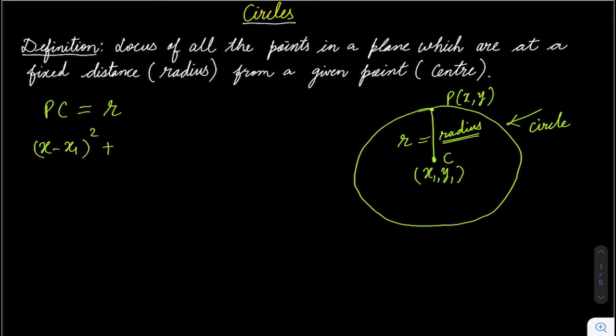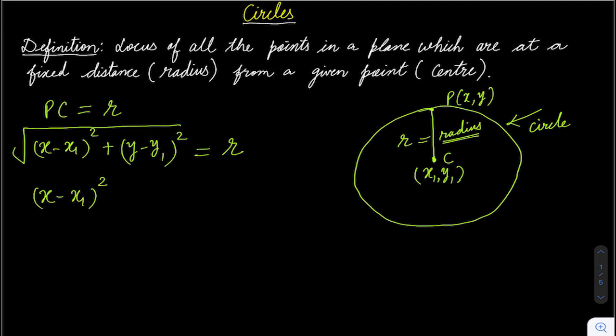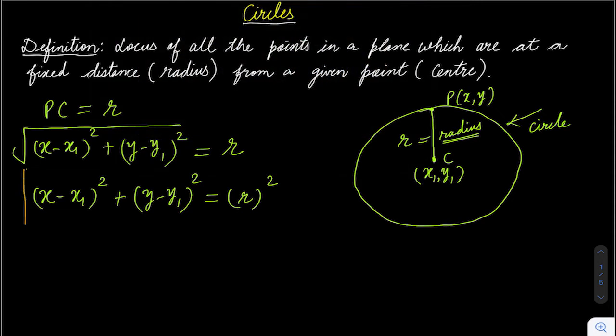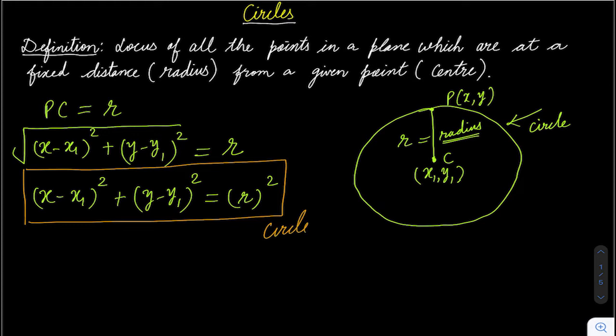PC distance is square root of (x minus x1) whole square plus (y minus y1) whole square, equal to r. So I can square both sides so that I remove the square root sign. So I will get (x minus x1) whole square plus (y minus y1) whole square equals r square. So this is nothing but my equation of the circle.